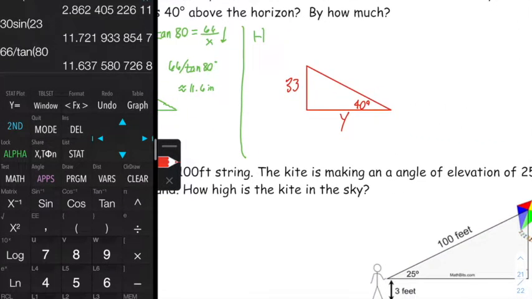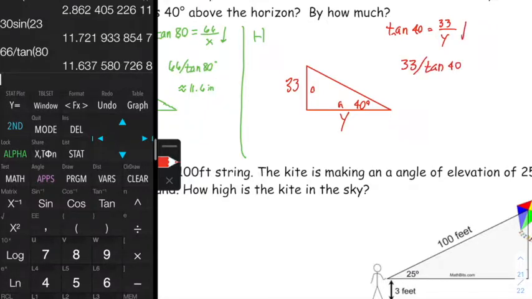Now we'll see what's going on with Heidi, kind of the same thing. It'll be the tangent function again, because O and A. This will be tangent of 40 degrees equals 33 over y. I'm using a different variable just so we don't mix them up. Then cross multiply and divide. Eventually you're going to get 33 divided by tangent of 40.